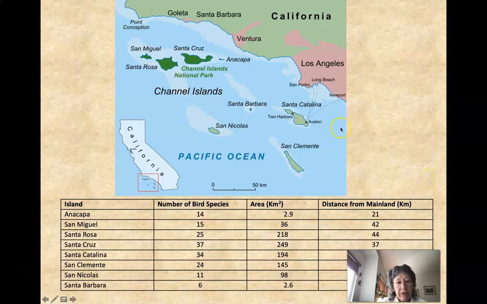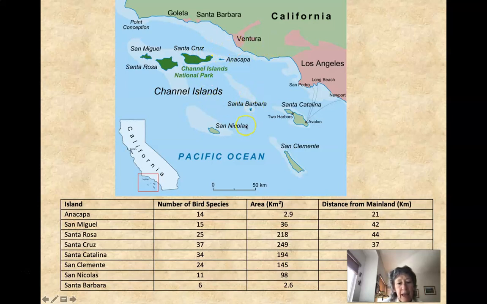So let's look at some real data. Here you see Santa Barbara Island, and here you see Santa Cruz Island. Santa Barbara Island, compared to Santa Cruz, is a small, distant island. Santa Cruz Island is a large, near island.